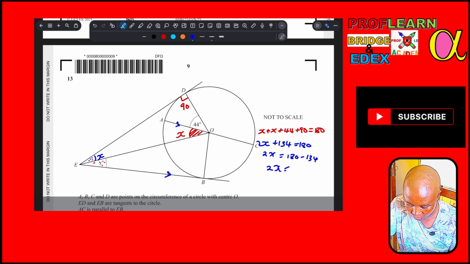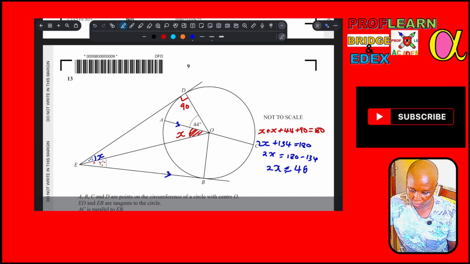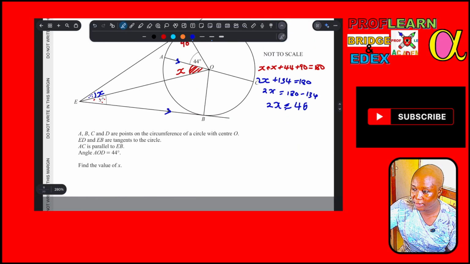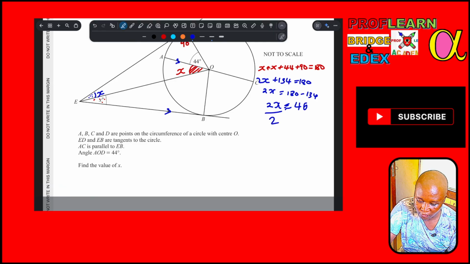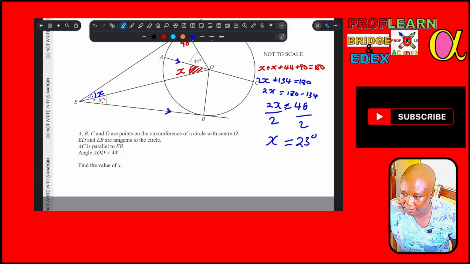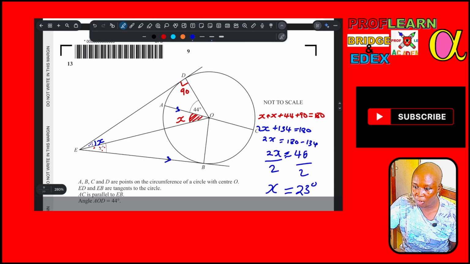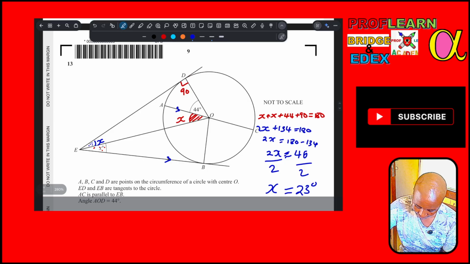When we subtract this, we get 46. Now, once we have 46, we can divide by 2, and our X is going to be 23 degrees. That is exactly how candidates were supposed to work out this question in order to earn the marks.